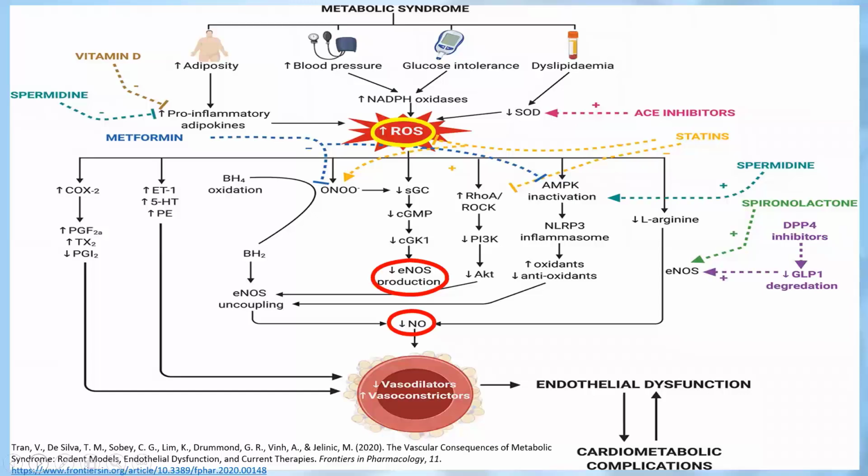Another figure saying the same thing, the different conditions that you encounter in metabolic syndrome, the different insults, again creating increased reactive oxygen species and oxidative stress, which can then decrease the production of endothelial nitric oxide synthase, which then contributes to decreased nitric oxide and endothelial dysfunction. Again, you all know this, kabisado nyo to more than me. It's really more for my review.